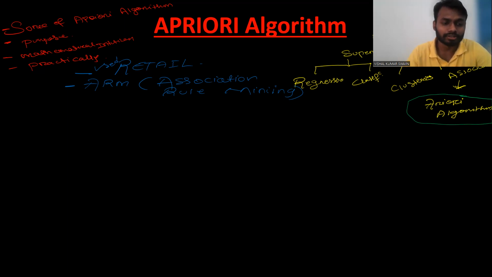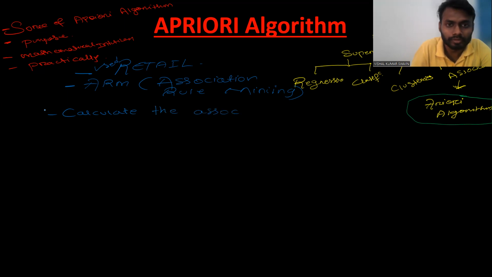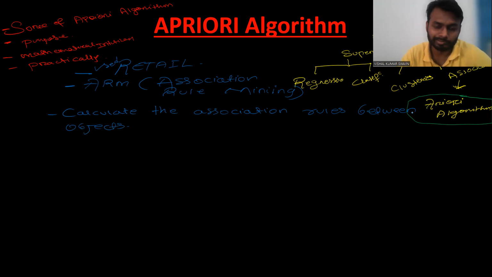So it means it will calculate the association rules between objects. Clear? Between the objects. Can you explain to me what that means?